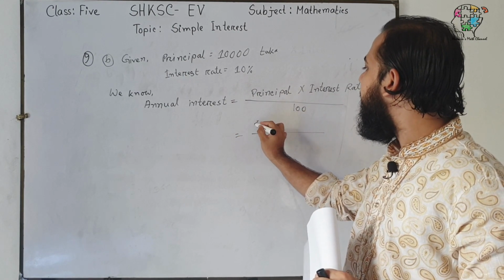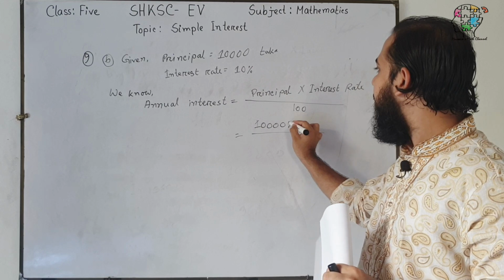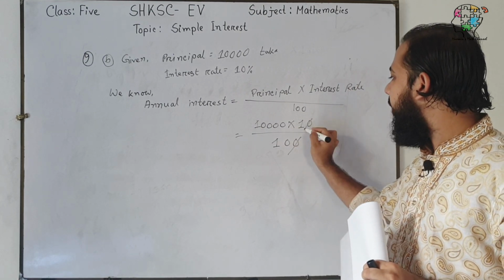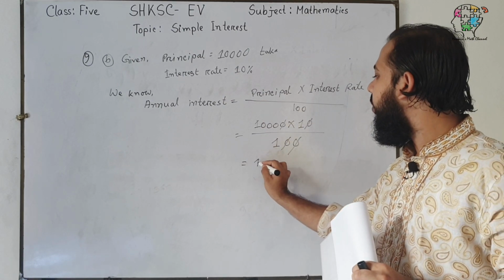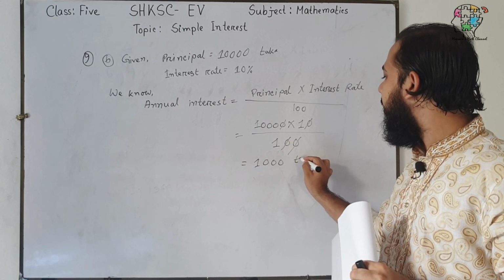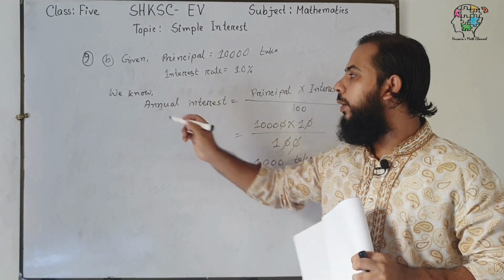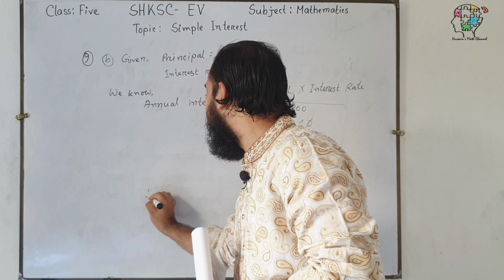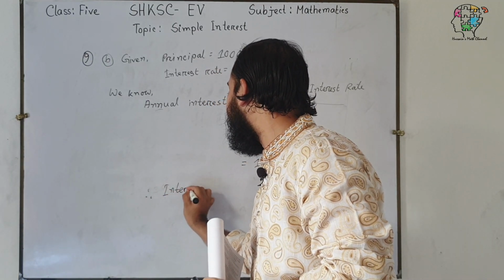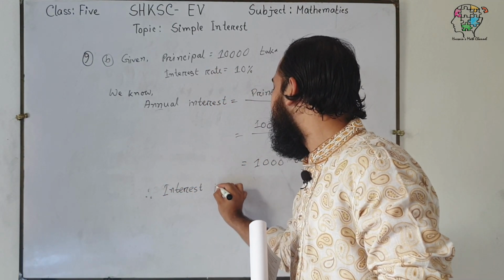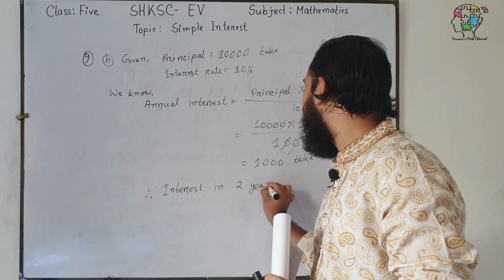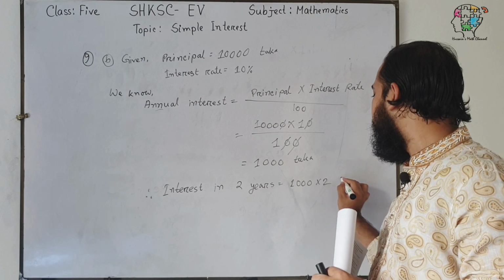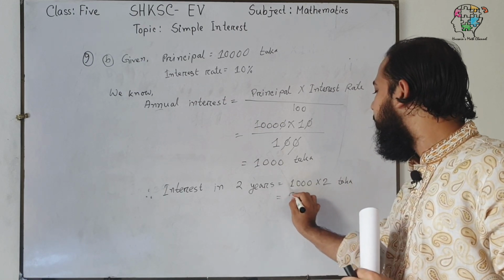So principal is 10,000, interest rate is 10% divided by 100. So if we just cancel, we will get 1,000 will be annual interest, and you know annual means 1 year. So after 2 years, therefore interest in 2 years will be 1,000 times 2, that means 2,000 taka.